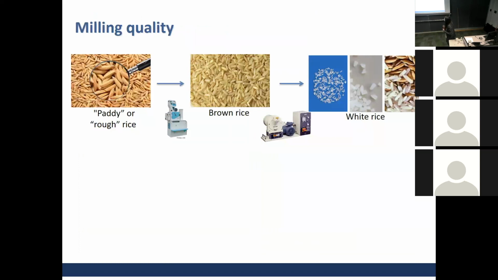So when we first harvest our rice from the field, we get the paddy rice or rough rice, which is the grains that are still attached to the hull. So we have to dehull these grains to obtain the brown rice. This brown rice will then pass through the mill to obtain the white rice.